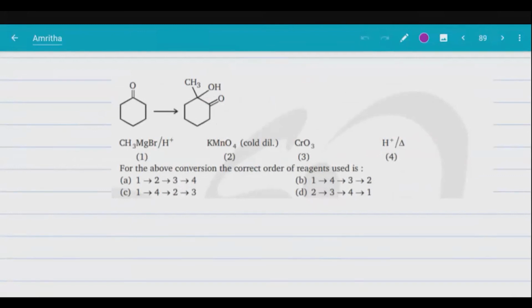Fine, next one. See this. Here reagents are given. First identify the sequence, which is first, which is next, like that. Identify the sequence of these reagents.